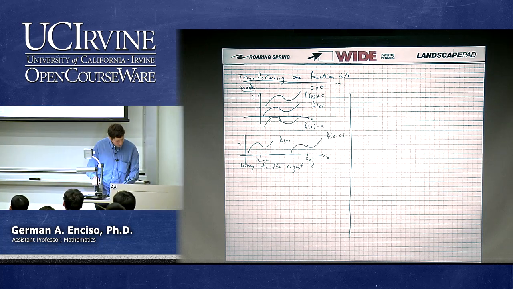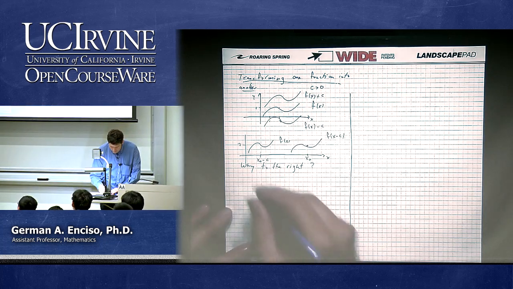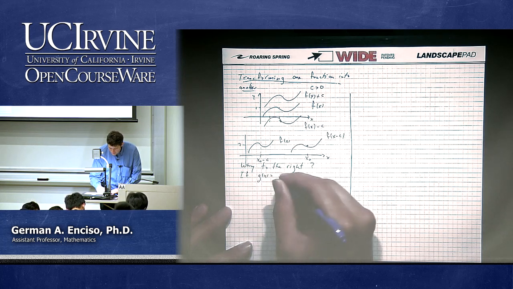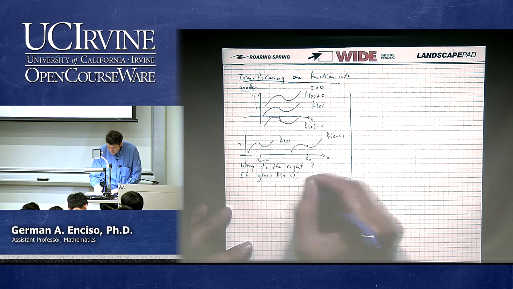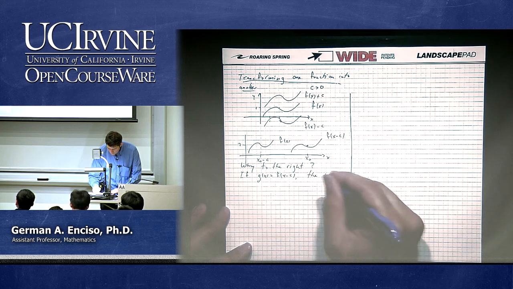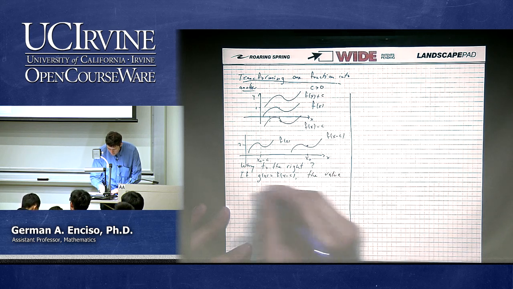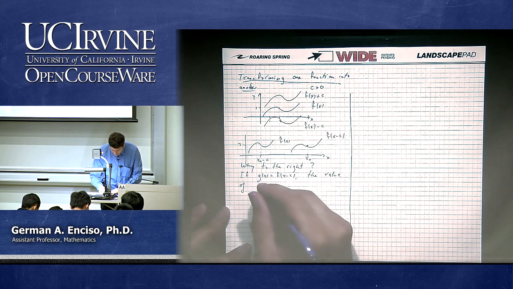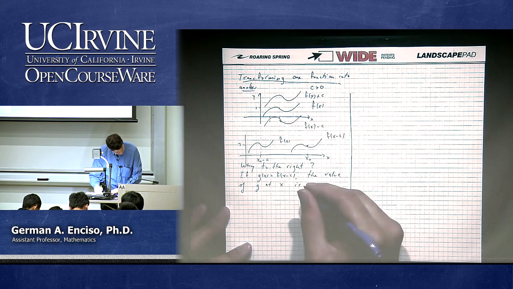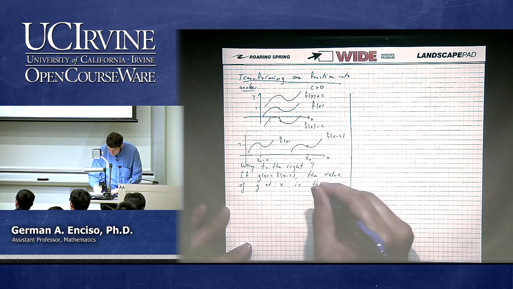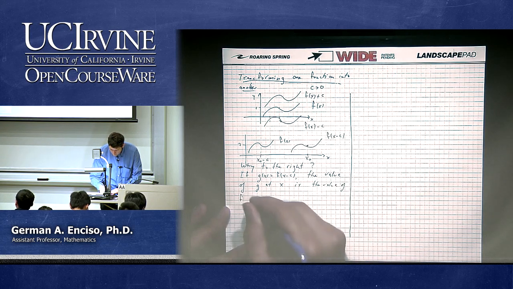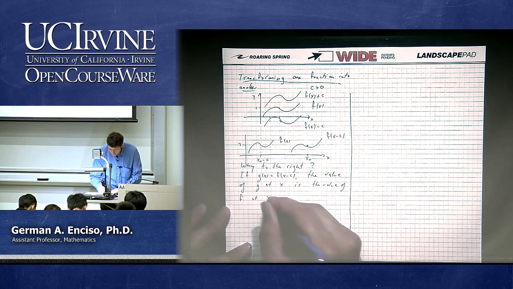So why to the right? The reason is that if we define a function g of x equals f of x minus c, the value of g at x is the value of f at x minus c.